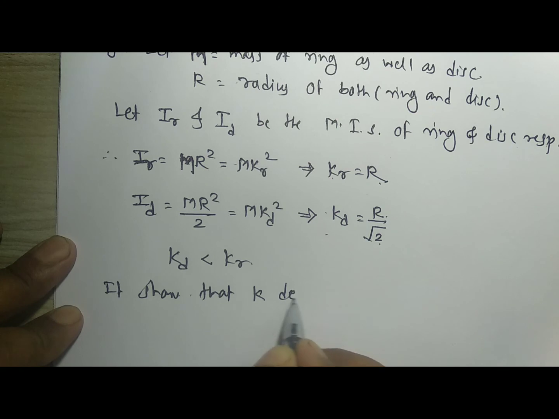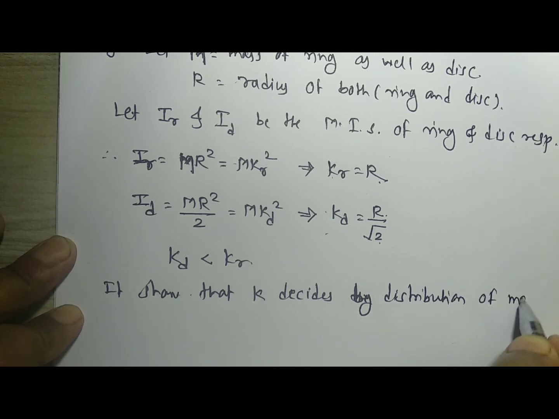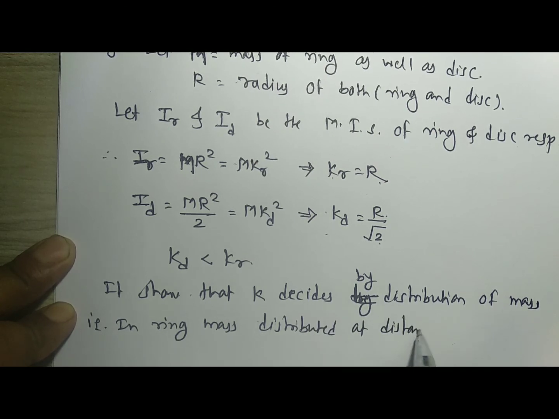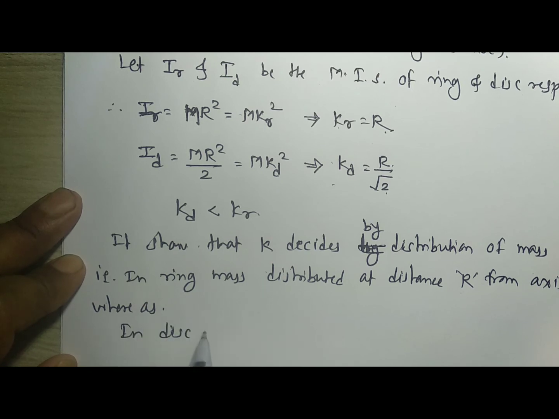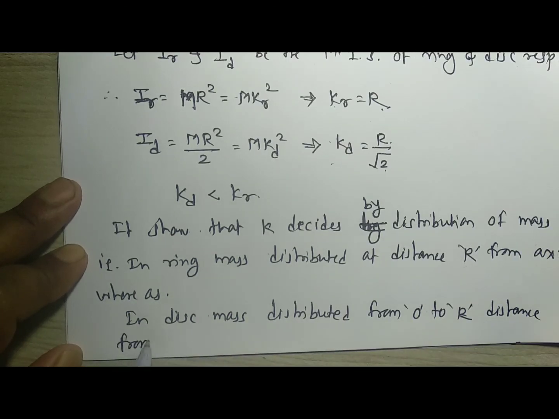That is, in the ring, mass is distributed at distance R from the axis, whereas in the disk, mass is distributed from 0 to R distance from the axis.